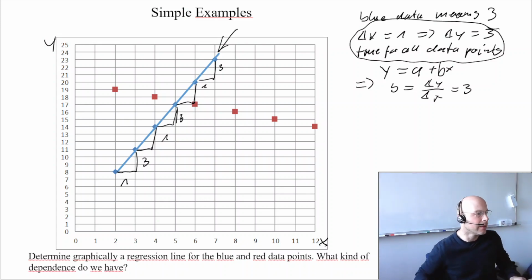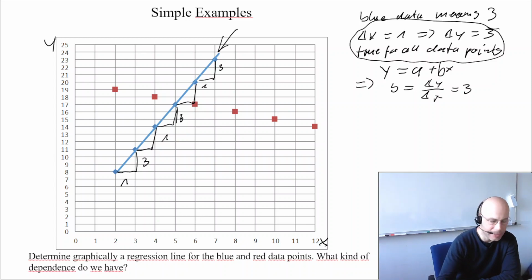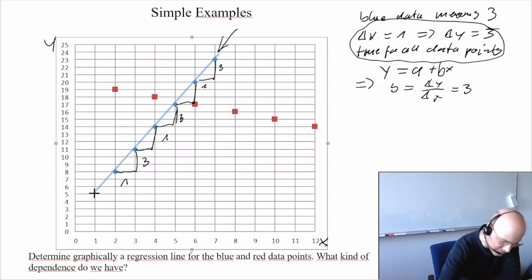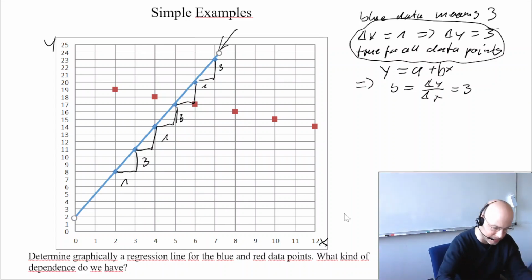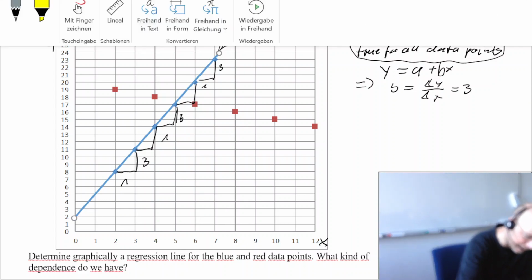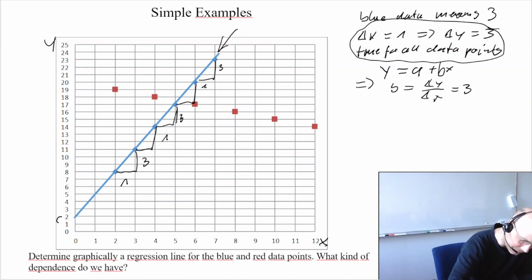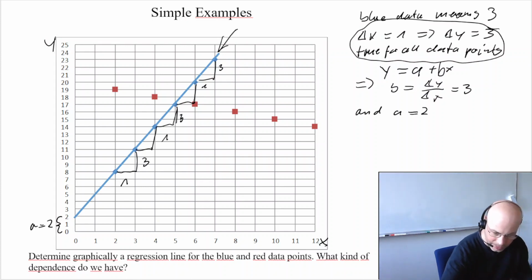And you have been going further already, because then you just extrapolated this line here, and this line, of course, then cuts the vertical axis at a equals 2.